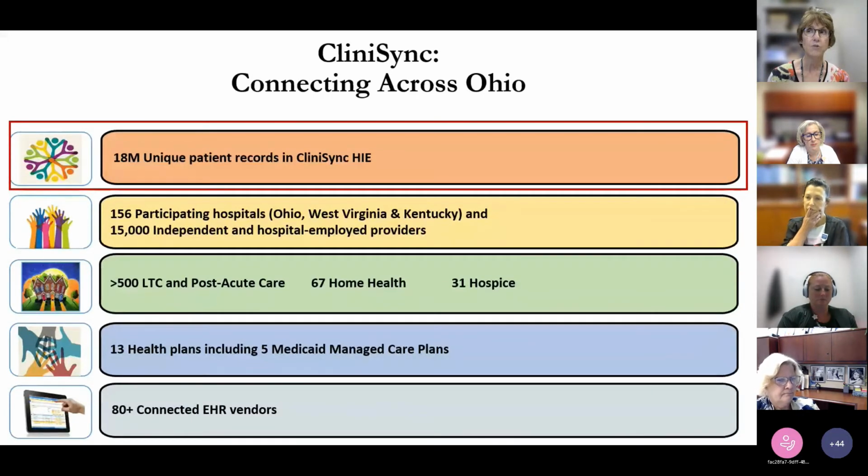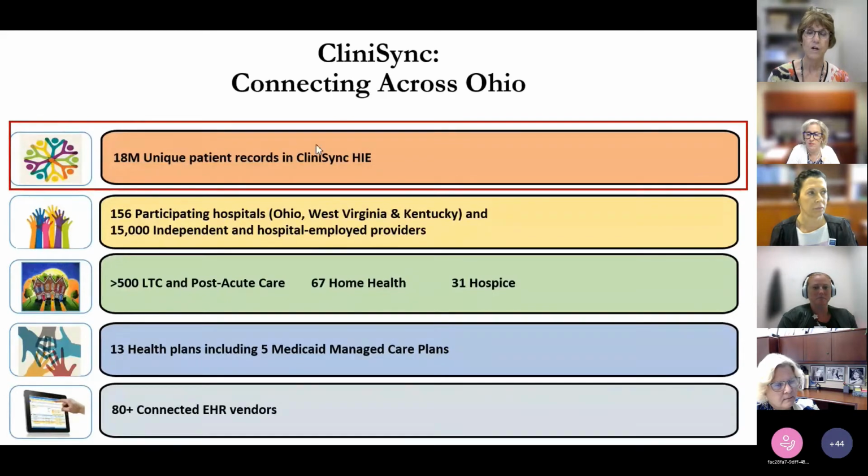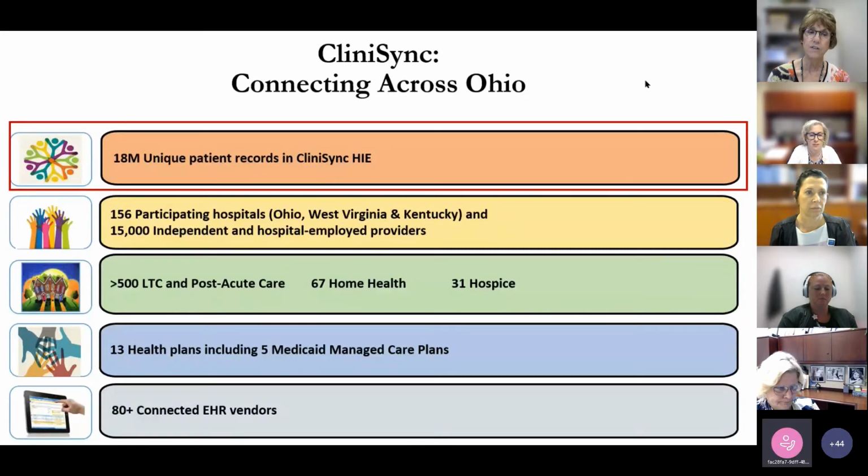And we do work and support the health plans that operate in Ohio to help them with their attribution lists. And we are connected with over 80 different EHR system vendors. So you can see the network effect of what we do. And that is important because that sets the table for what you all are interested in knowing, and that is what can you get if you query that is going to help you with your patient treatment. So Scott, let's look at the next slide, please.